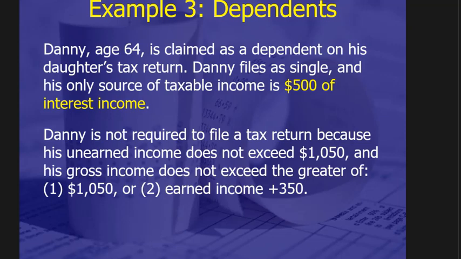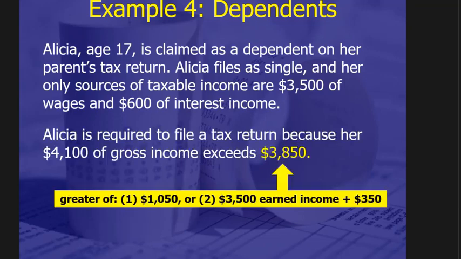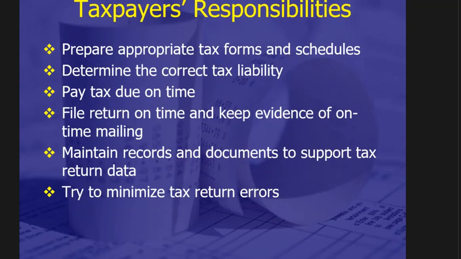And then Danny doesn't have to file because he is not over 1,050, which is in this case the higher of the two. Kid living at home makes 3,500, so gross income is 4,100, which exceeds the earned income plus 350, so Alicia has to file.